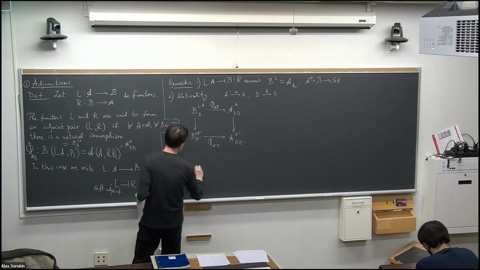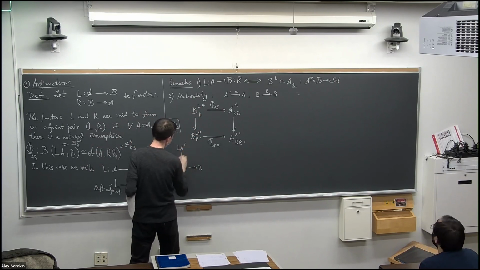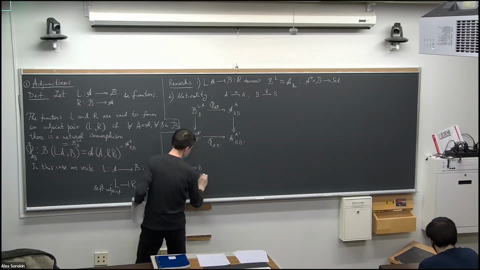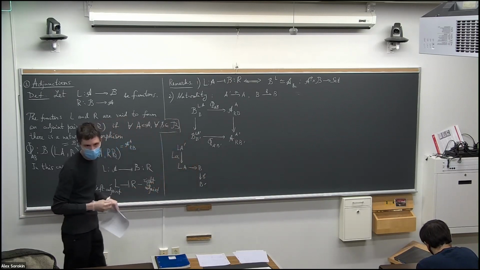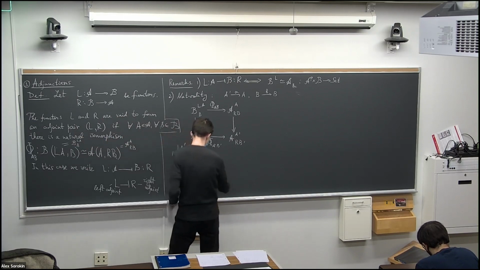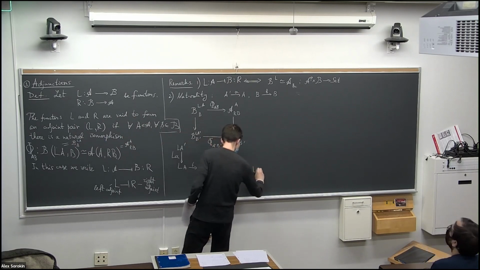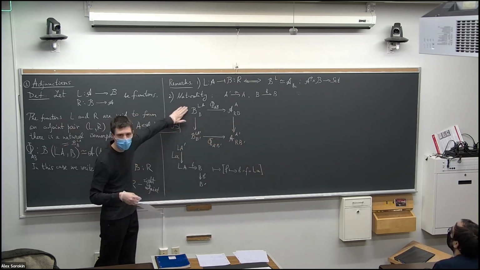Using arrow L a, from LA prime to LA, and using b from B to B prime, with a random arrow f, we have a rule that f goes to b composed with f composed with L a. That's how to move from one set of morphisms to another.